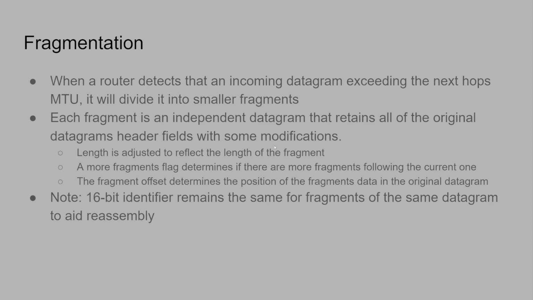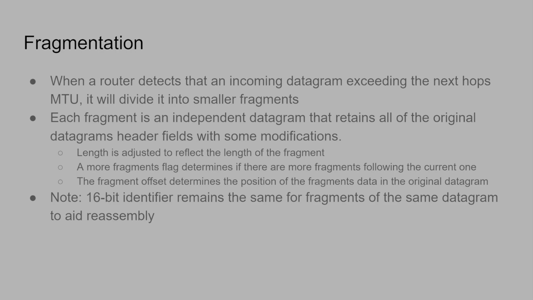So on the topic of fragmentation, when a router detects an incoming datagram exceeding the next hop's MTU, it will divide it into smaller fragments. Each fragment is an independent datagram that retains all of the original datagram's header fields with a few modifications. Length is adjusted to reflect the length of the fragment.